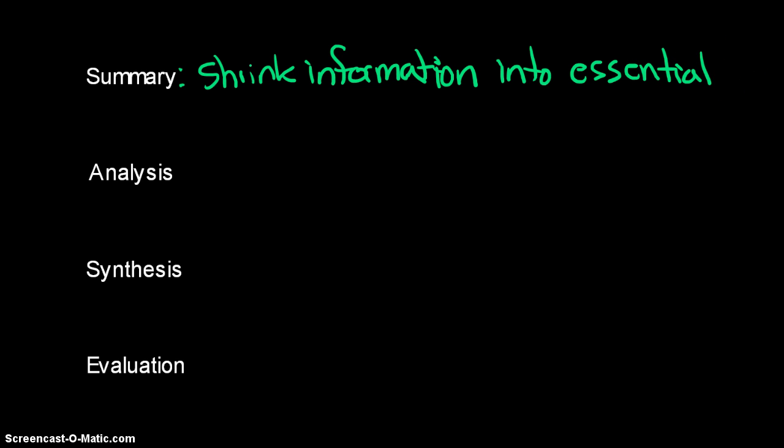You want to take a complicated idea and shrink it into an essential aspect. This is frequently something you're going to have to work on. You're going to take a chapter, or an instructor is going to want you to condense maybe 200 pages of reading, in the case of some test questions, and summarize it all down into one manageable narrative.